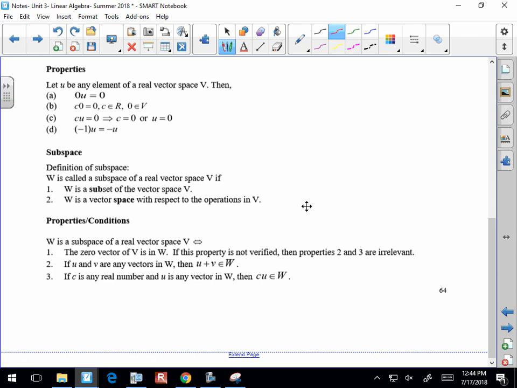Don't even bother. If U and V are any vectors in W, then the sum of U and V would be in W. All right, so we would verify that. And if C is any real number, so a scalar, and U is any vector in W, then the scalar multiplication of C and U would also be in W. All right, so it's really just talking about span.